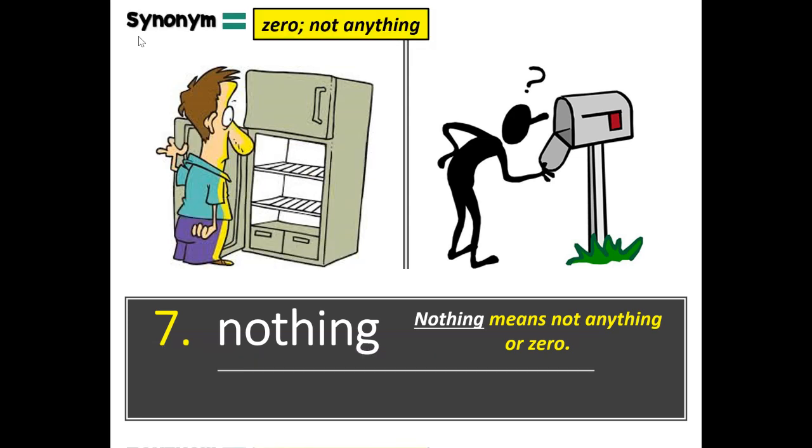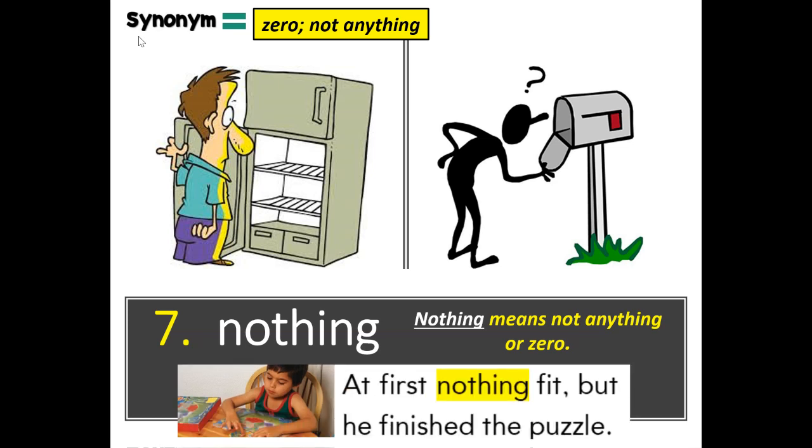So a synonym could be zero or not anything. At first, nothing fit, but he finished the puzzle. So you could say, at first, not anything fit, or zero things fit, but then he finished the puzzle.